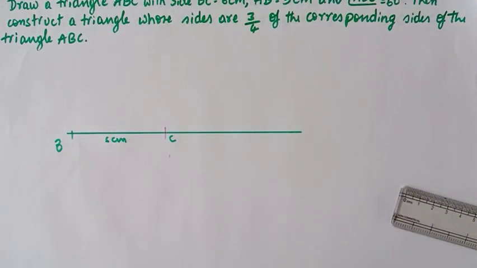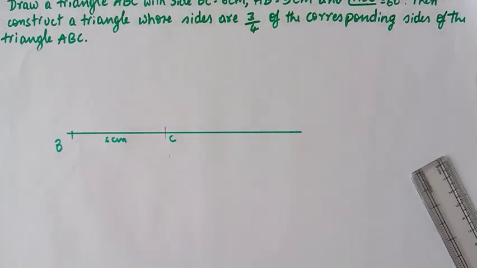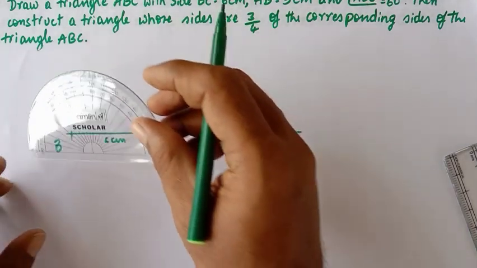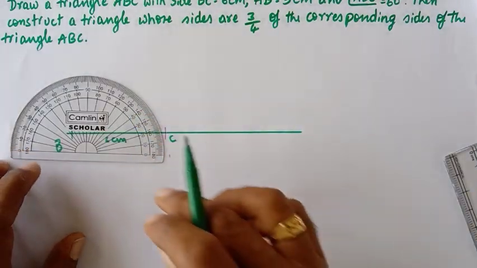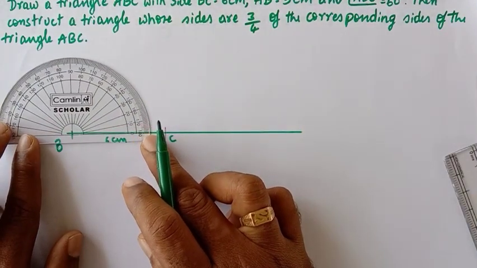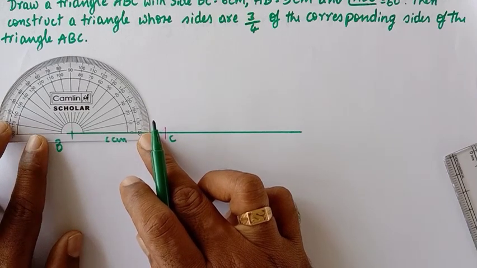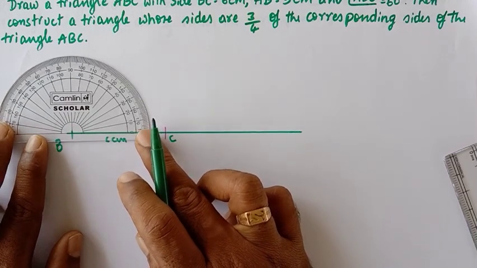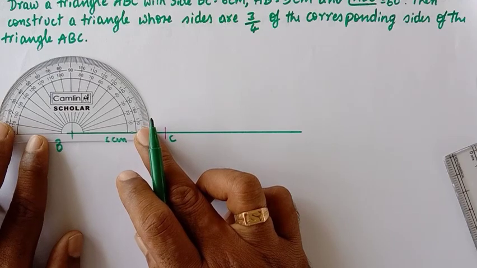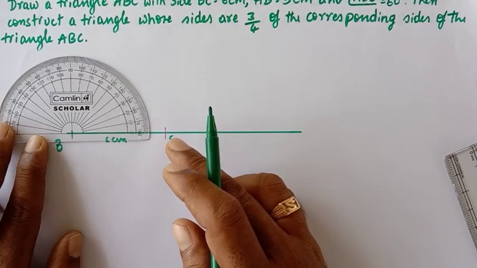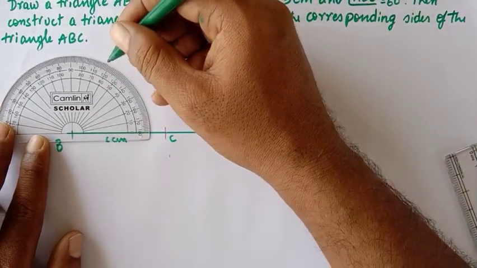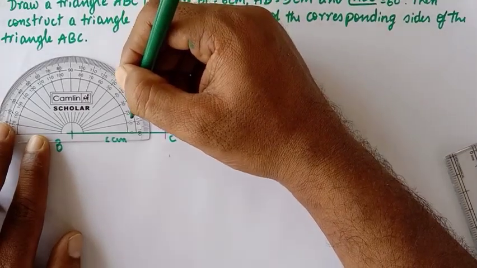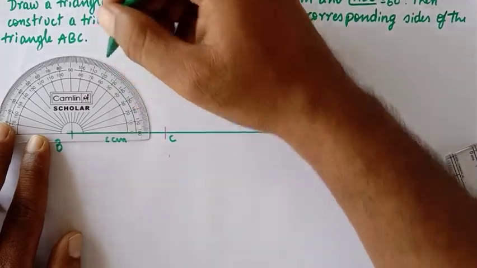And then afterwards, I will take my protractor and measure an angle of 60 degrees, because it is given that we should measure an angle of 60 degrees. It is here 60 degrees, 10, 20, 30, 40, 50, 60 degrees.